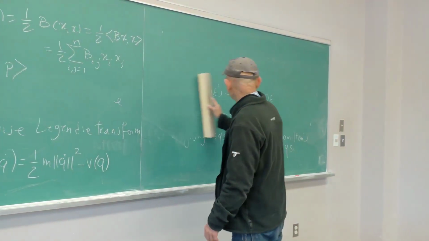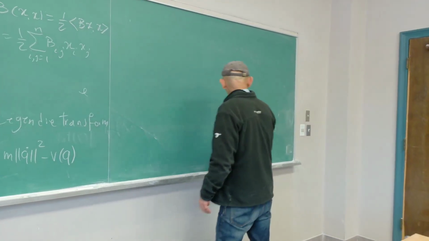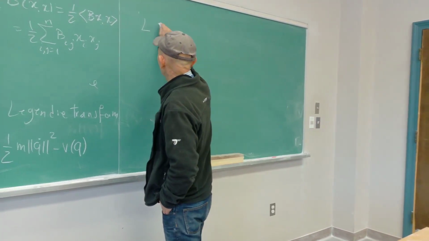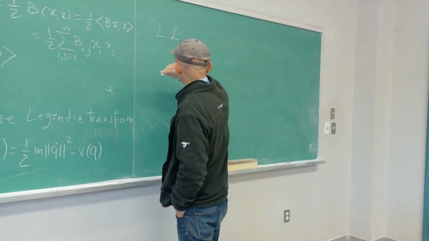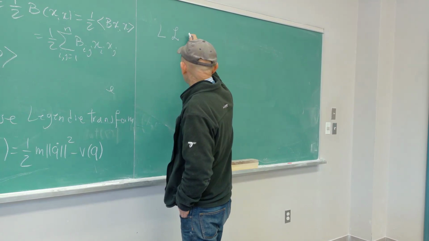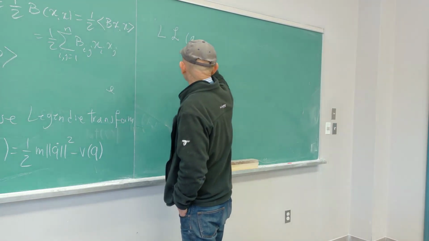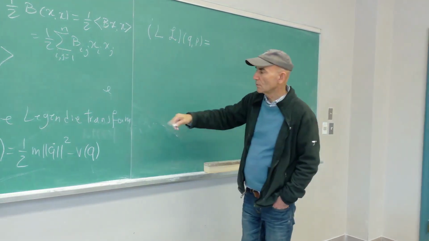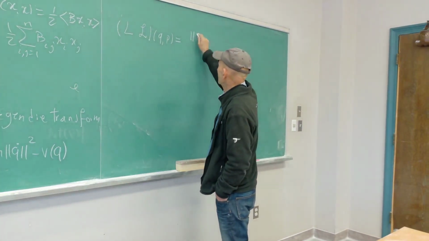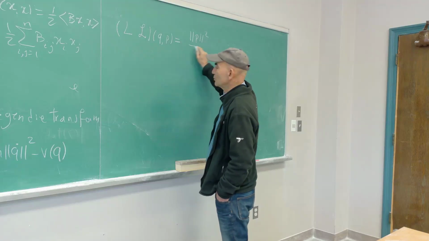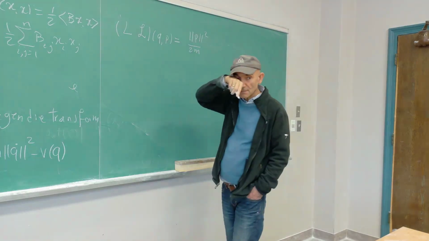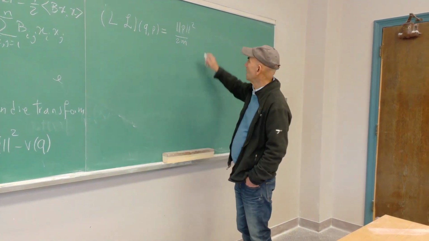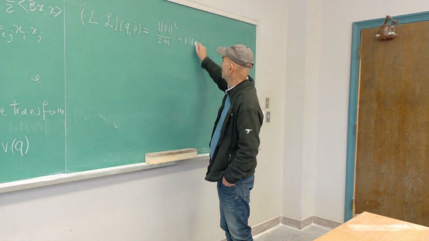The Legendre transform of this Lagrangian on q and p is basically equal to norm of p squared over 2m, the m comes down as we saw in the first example, plus V of q.